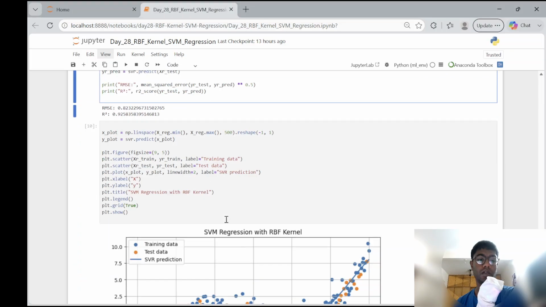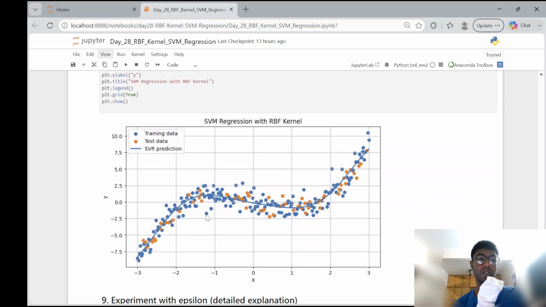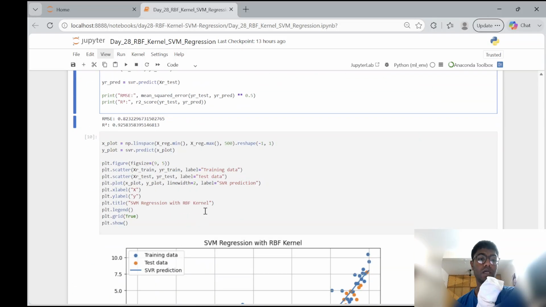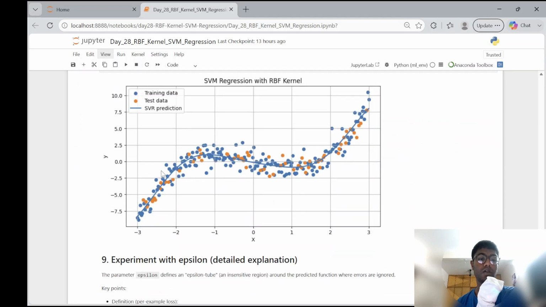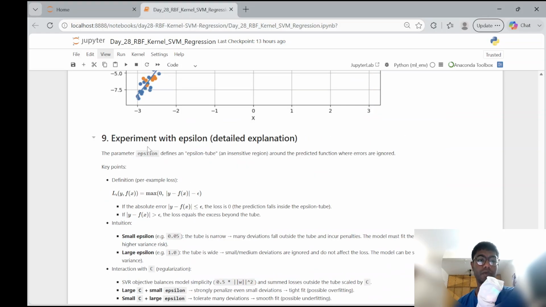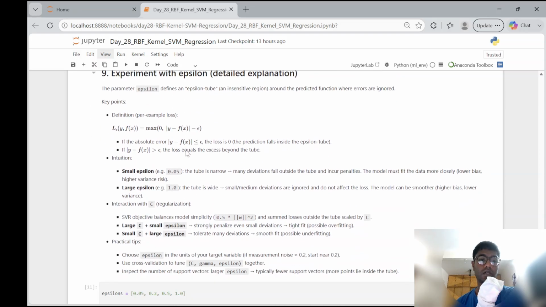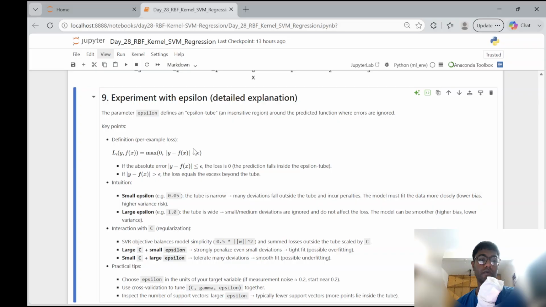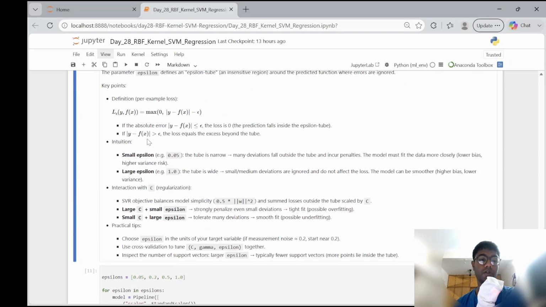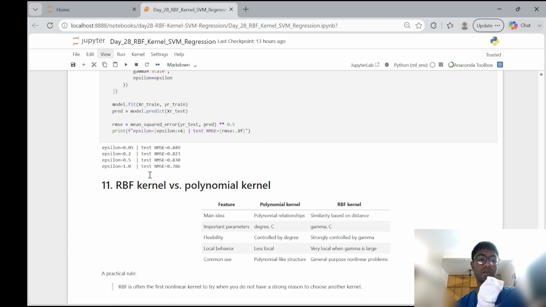There is one thing to note here: epsilon is a parameter that controls the thickness or the width of this SVM regression. There are a few formulas here with epsilon. Epsilon is again similar to the understanding of gamma, so I would not be spending much time here.